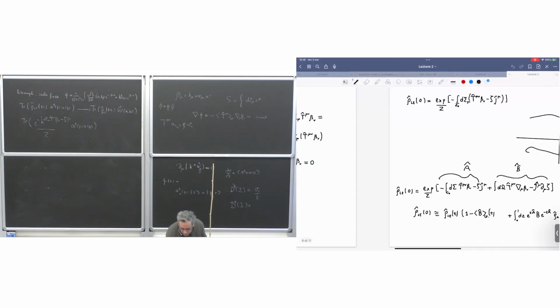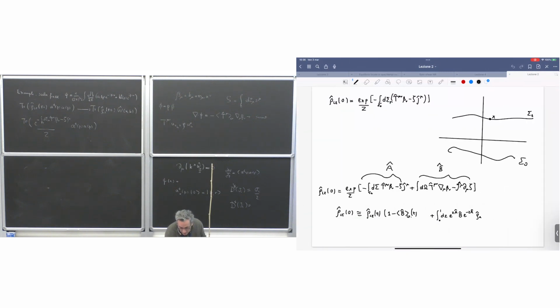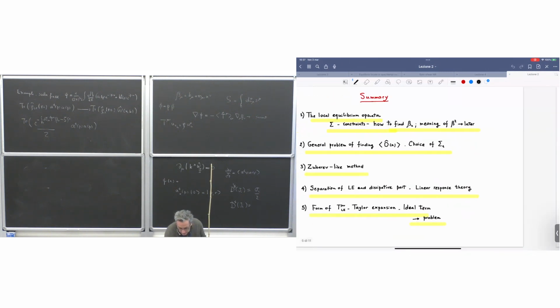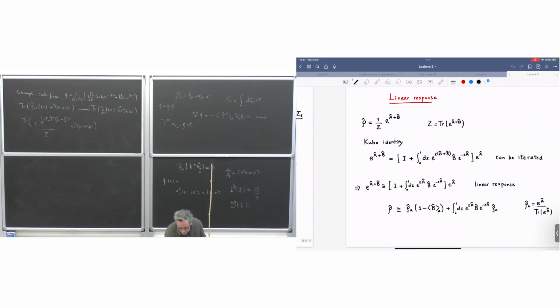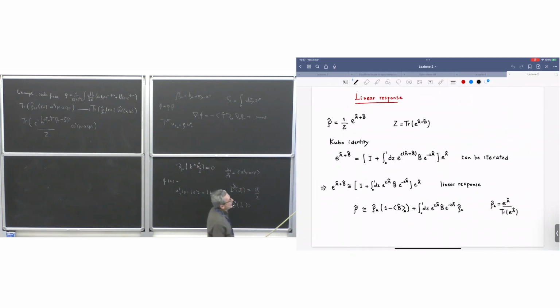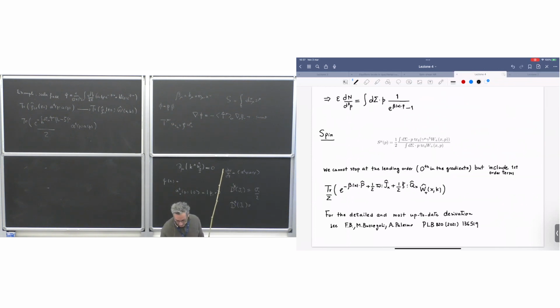Yeah, this one. So we have to use linear response theory. In this expansion, you have two terms: e to the minus beta x dot p, which is the main one, and then these two, which can be dealt with as small corrections.